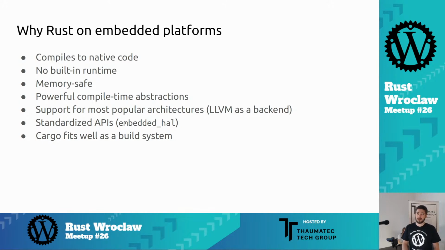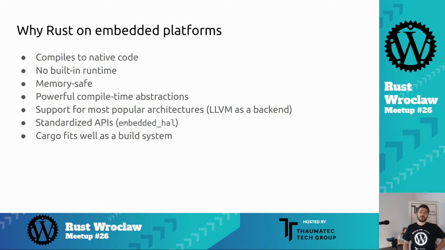This is a bit unlike in the C++ space, where you have plenty of different ecosystems which are not compatible, and most likely if you port to a different platform, you need to rewrite much more code than using this common API.